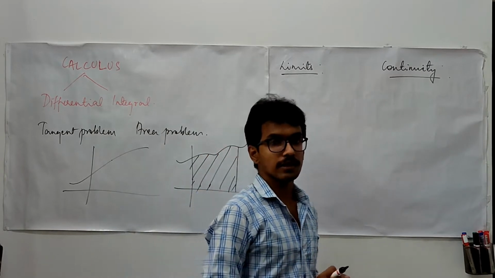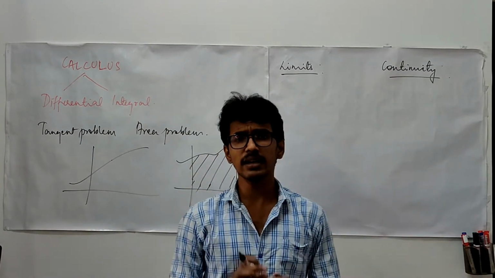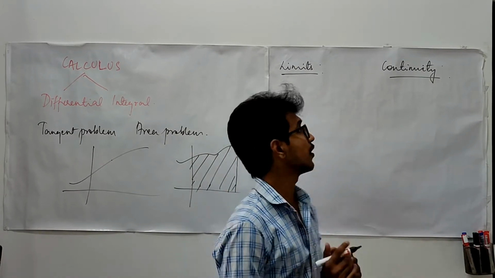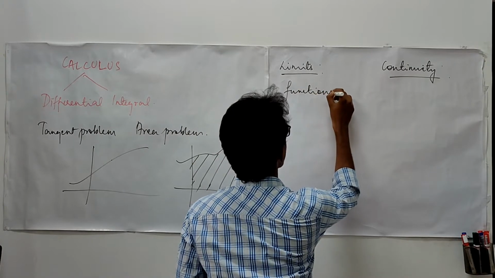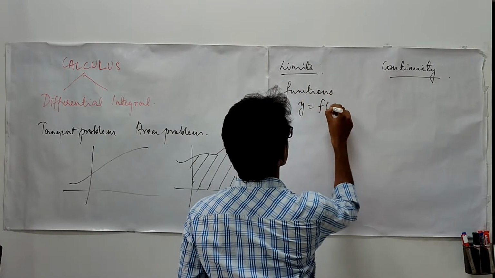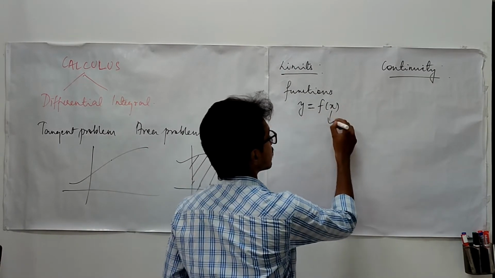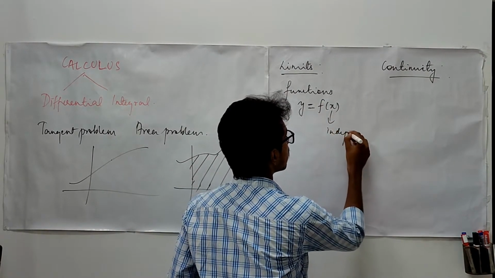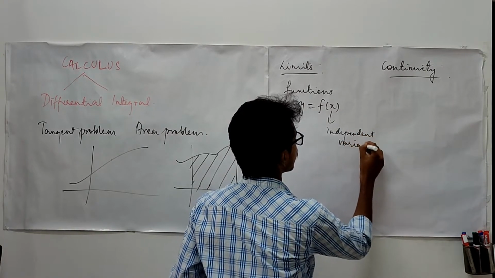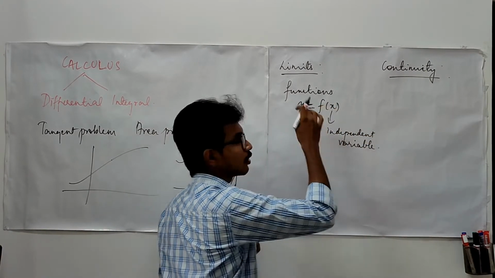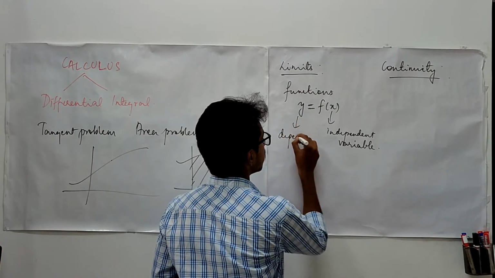So in calculus, we will start with what we mean by a limit, right? Limits are defined for functions. So function, in the sense, we will take y equals f of x, where x is the independent variable and f is some rule which maps every element in the domain to the codomain, and y is here the dependent variable.